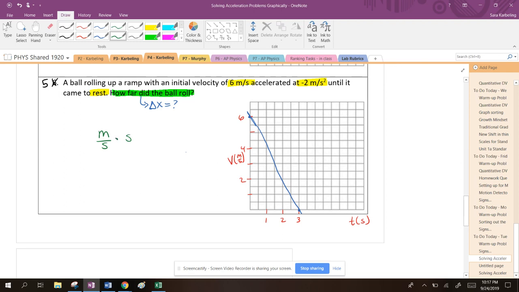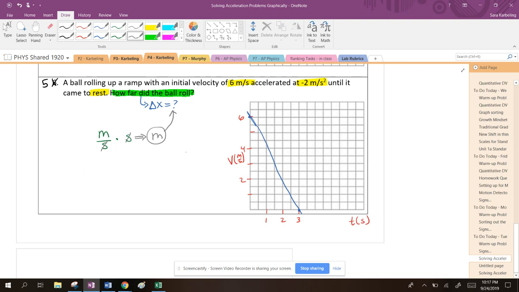If I've got seconds on the top and seconds on the bottom, those are going to cancel out, and indeed that's going to give you a unit of meters, and meters is a unit for displacement. So we did this in question 2, but we're going to look at it down here.